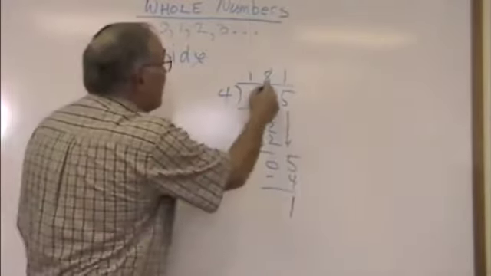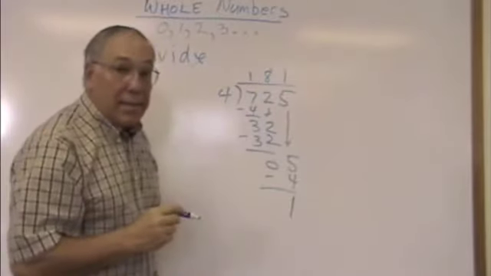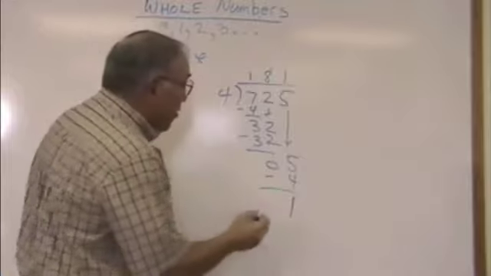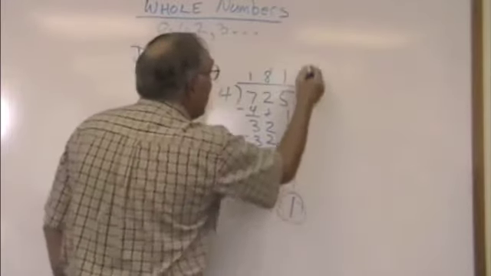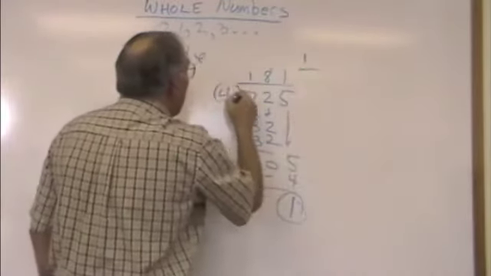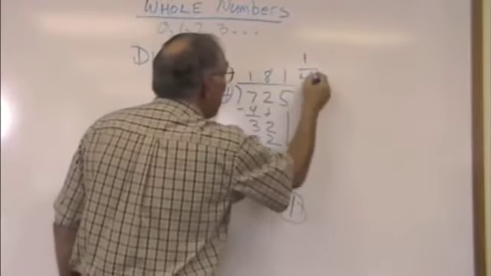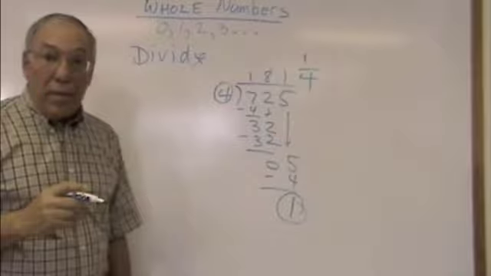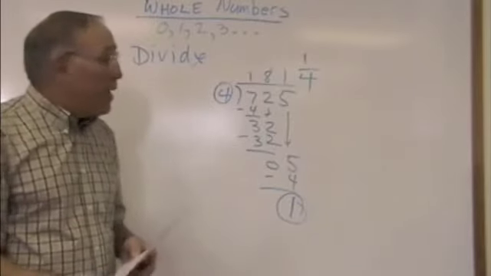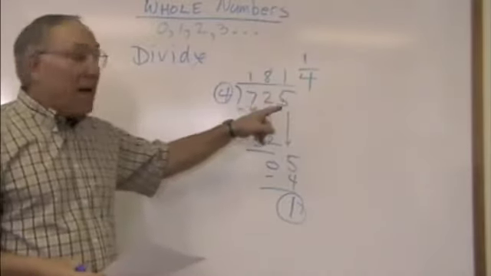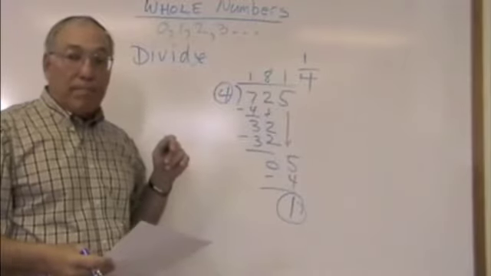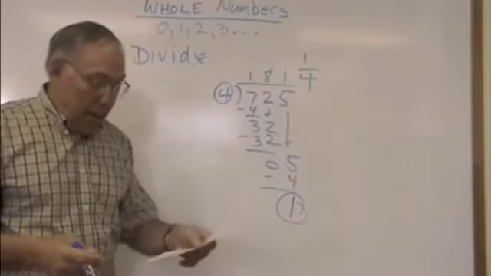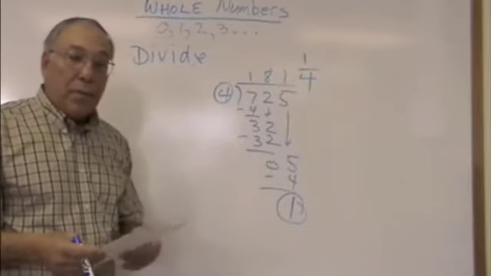We know each person is going to get $181, and that $1 we're going to divide again into 4 quarters, but we can express that as a fraction. We can put this 1 here and the 4 on the bottom, and call that 181 and 1/4. So each person is going to get $181 and a quarter. Those are the 3 things you can do with the remainder when you're doing long division.